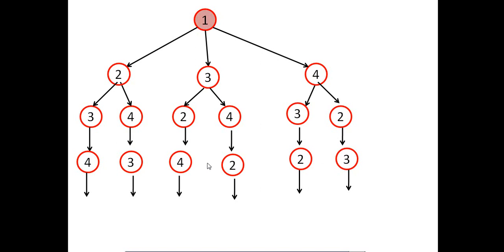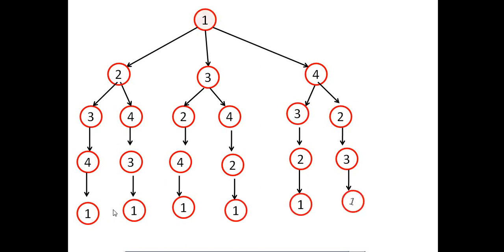So the condition is satisfied here. The journey must start from the source vertex and visit all the nodes or all the vertices. And the second condition is what? Must return to the same place. So the starting point is 1, so it has to return to which place? 1, the first place.